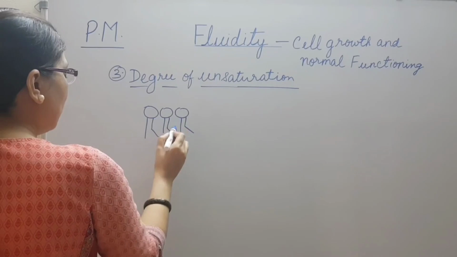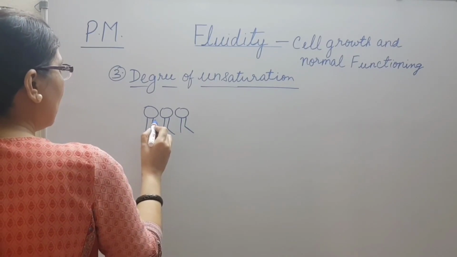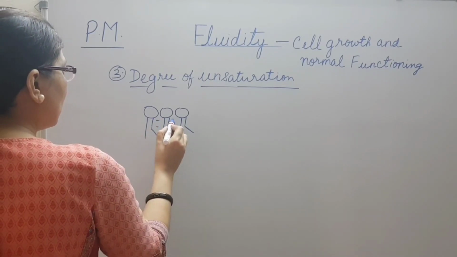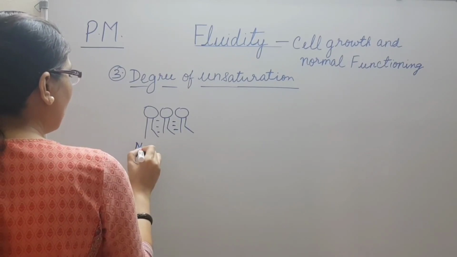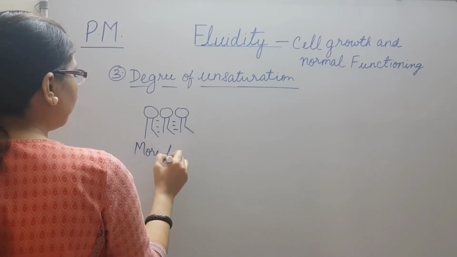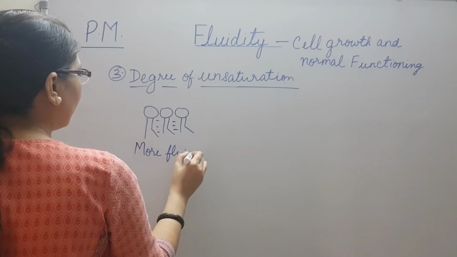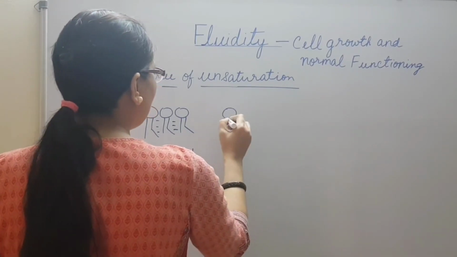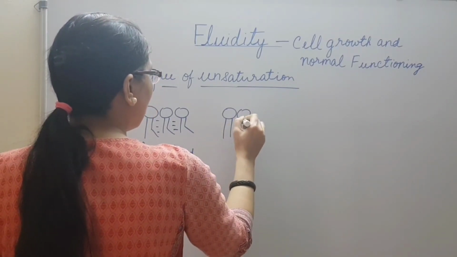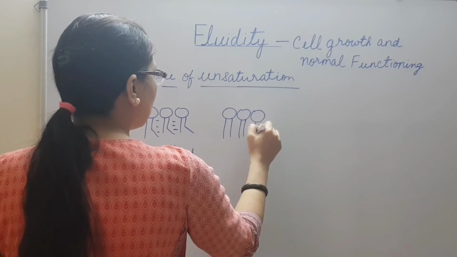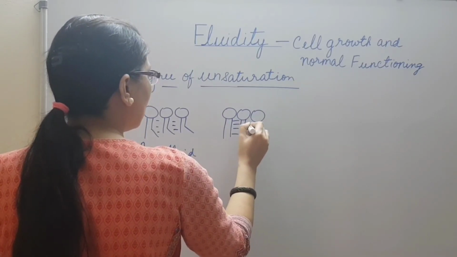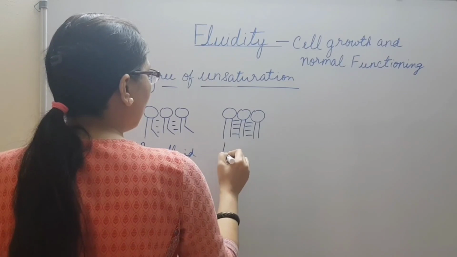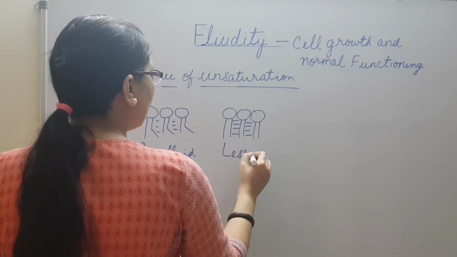So they are less tightly packed and their van der Waals force of interaction is also less. So the membrane is more fluid. And if the fatty acid chain is saturated, that means no double bond is present, no kink, hence they are more tightly packed, so more van der Waals force of interaction, therefore the membrane is less fluid.